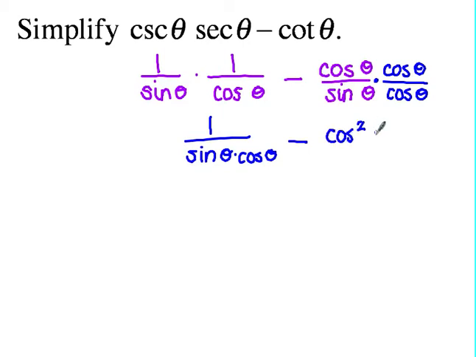Cosine squared over sine times cosine. So now what's nice about having common denominators? It's easier to multiply. I can actually now just add the 2, right? Yeah. So really I have 1 minus cosine squared.